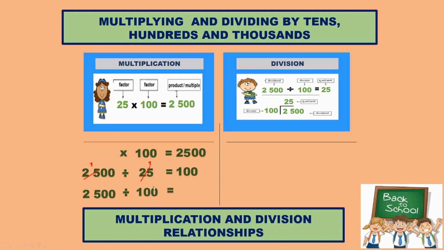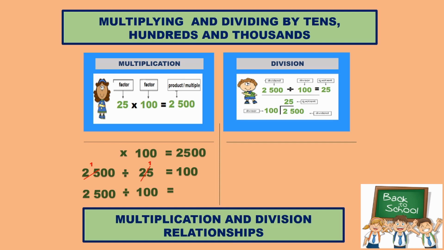Okay, now, how to divide? So look for the divisor. The divisor has two zeros, while the dividend has two zeros too. So you can apply the cross-cancelling method. What is the cross-cancelling method? That means you can cross out the zero here.